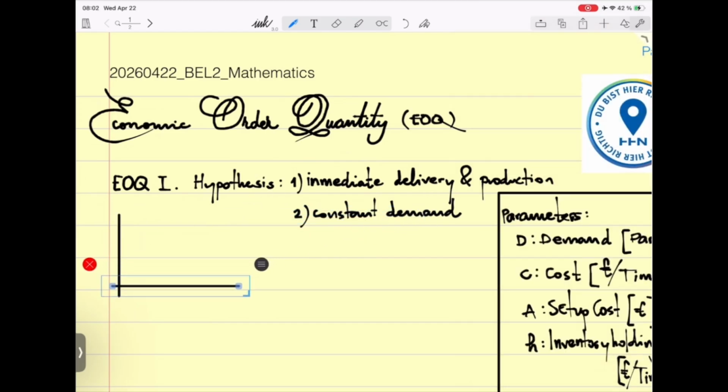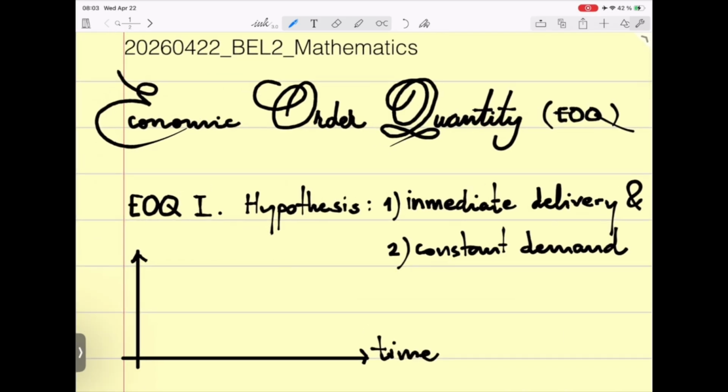Let's paint in a little graphic how this model works, okay? We want here to have the time, and we want to represent the inventory function as a function of time.